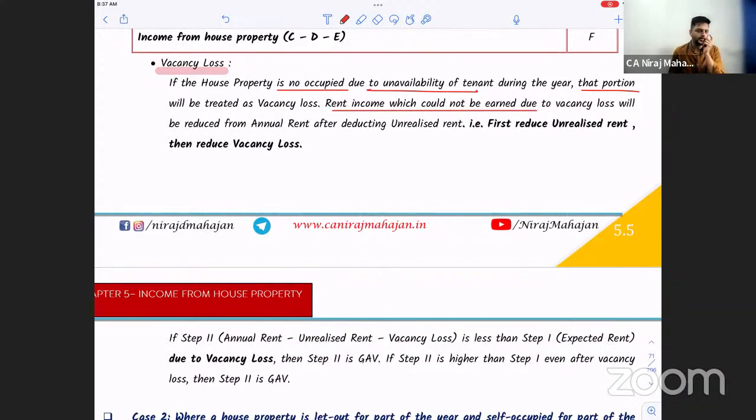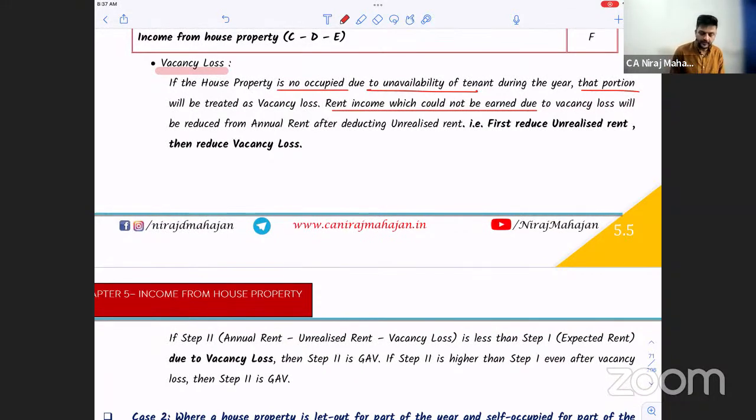See, unrealized rent is what, bacho? Accrued but not received. What I'm talking about is unrealized rent, accrued but not received. Here you're talking about rent that did not accrue at all, because there is no tenant.